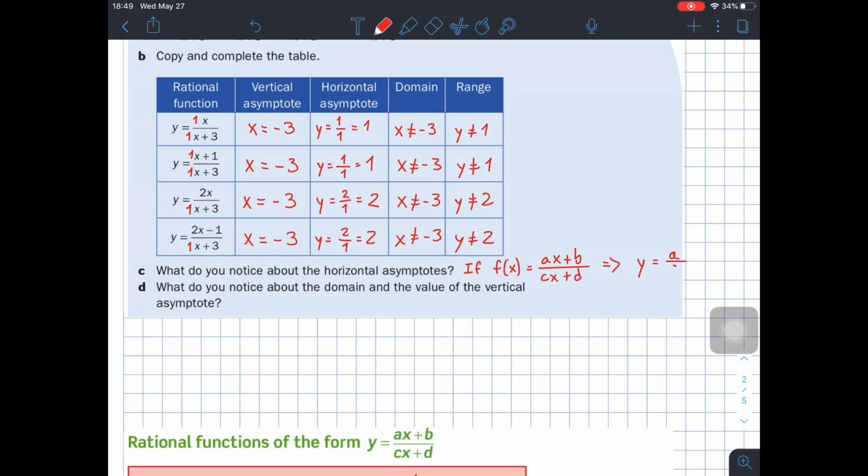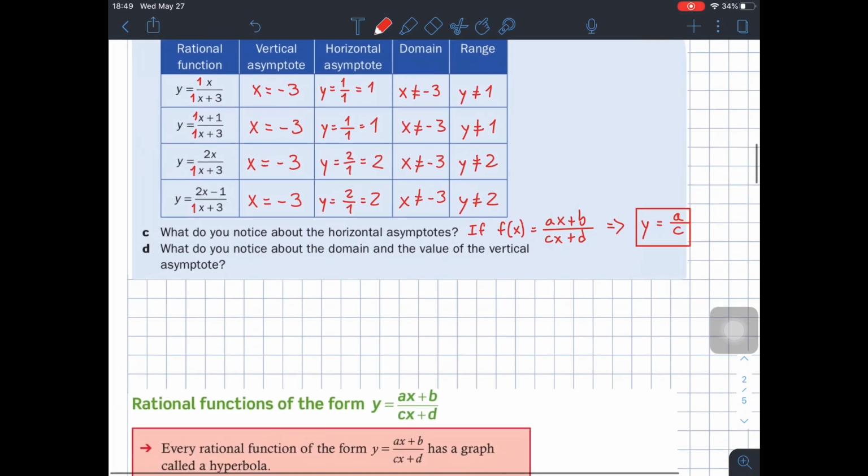That will always be the horizontal asymptote. Okay, so this is kind of a formula that you can remember in order to find the horizontal asymptote. This formula is not in the formula booklet, by the way, so this is something that you need to know.